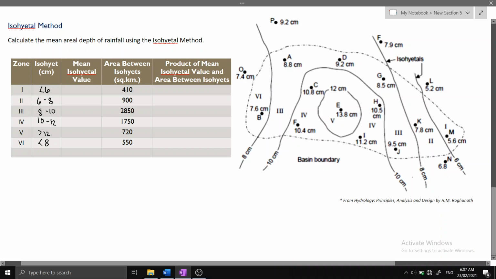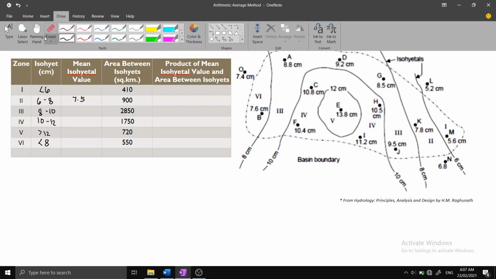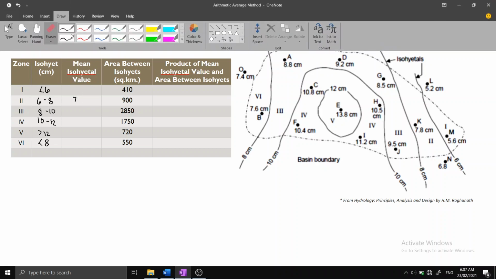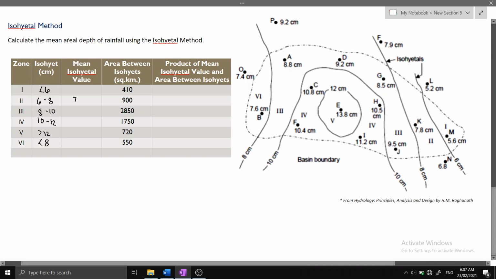So for zone 2, which is 6 to 8, we have 7. So from 6 to 8, we have 7. 8 to 10, we have 9. 10 to 12, we have 11.